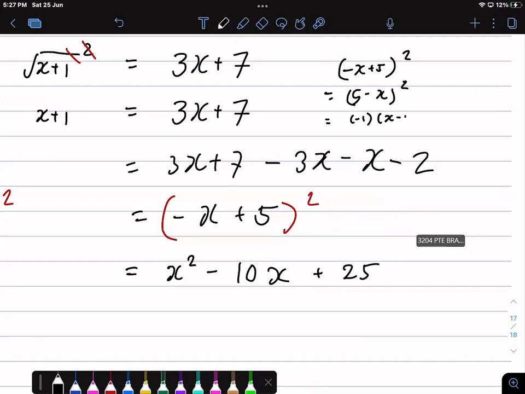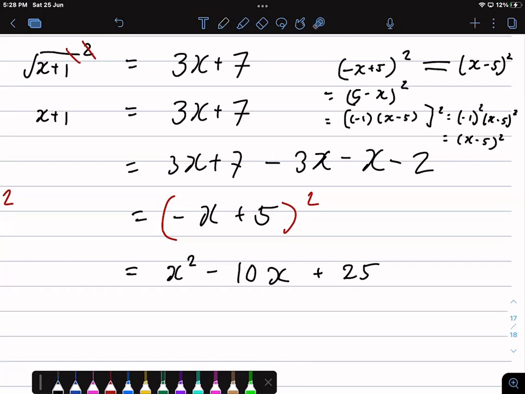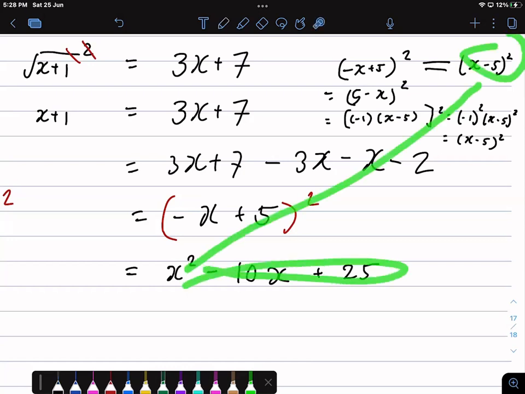Then I get x minus 5, then the whole thing is squared. When you square the negative 1 times x minus 5, you get negative 1 square times x minus 5 square. What's negative 1 square? It's positive 1. So it simplifies into x minus 5 square. Same, right? Okay, good.